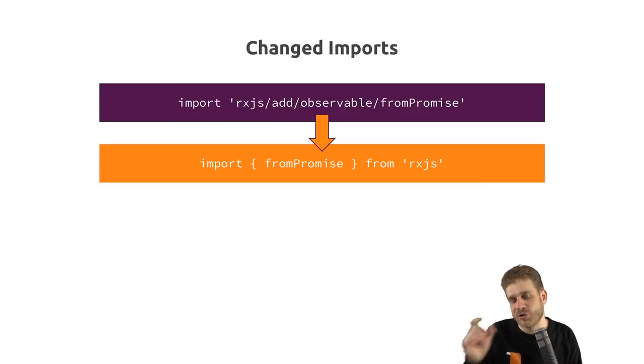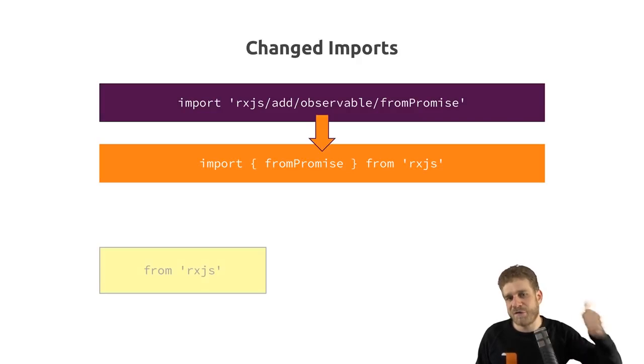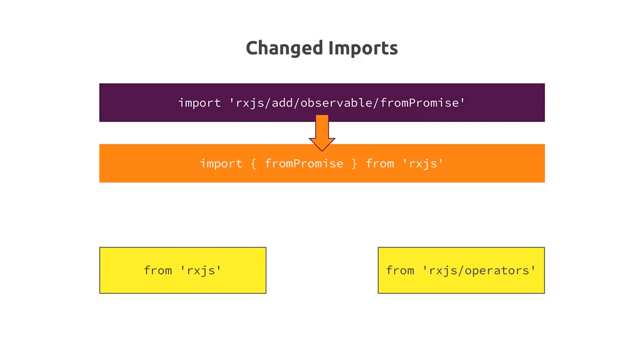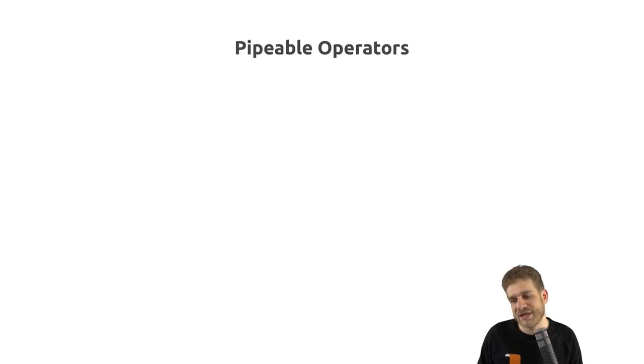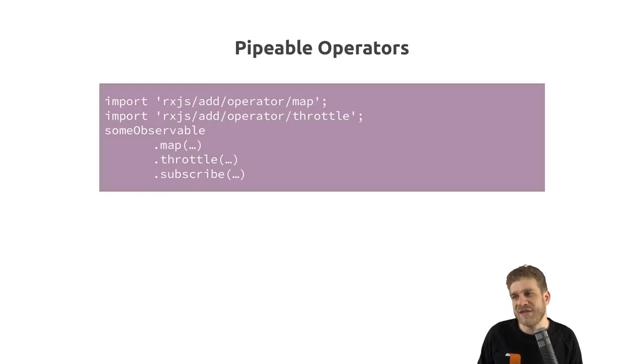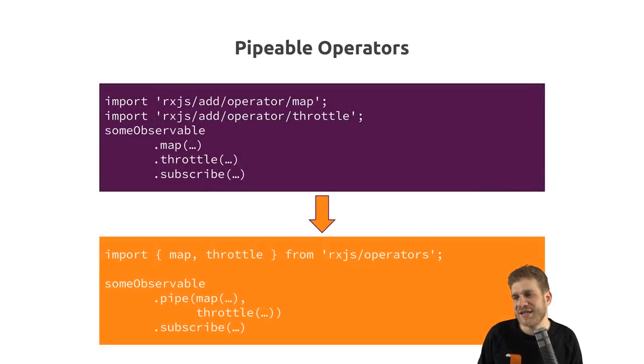You don't add it, you don't chain it to the Observable object. But we'll see all this in a second. So the general important thing to take away is you got 2 new import destinations: 'rxjs' and 'rxjs/operators'.